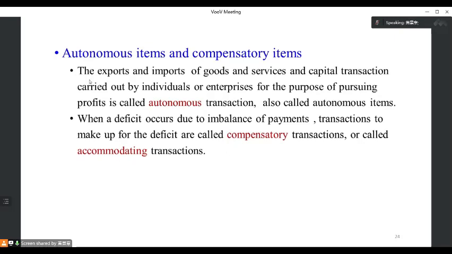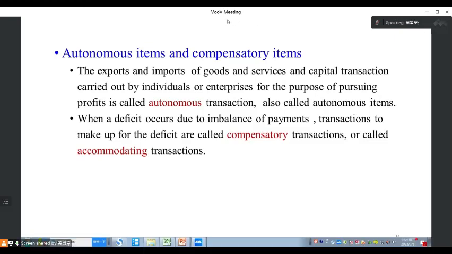The exports and imports of goods and services and capital transactions carried out by individuals or enterprises for the purpose of pursuing profits are called autonomous transactions.